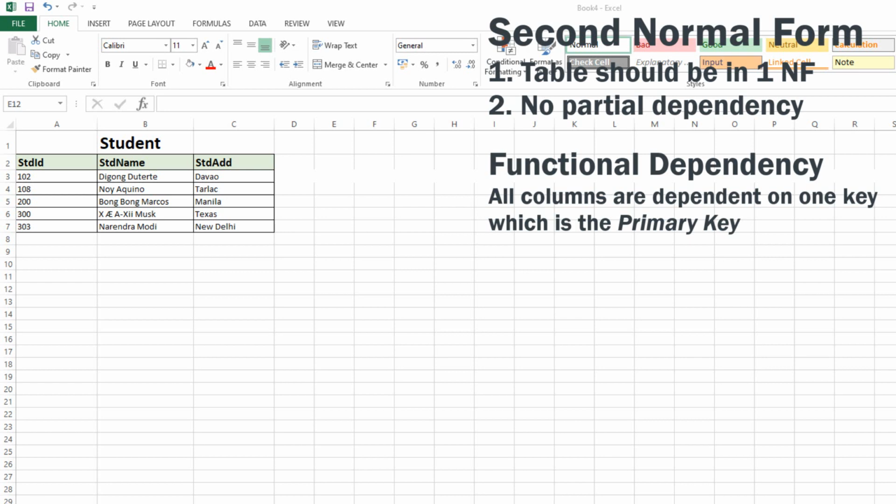Therefore student ID 102 will always remain unique forever for that particular university. The same is true for 108, 200, 300, and 303.